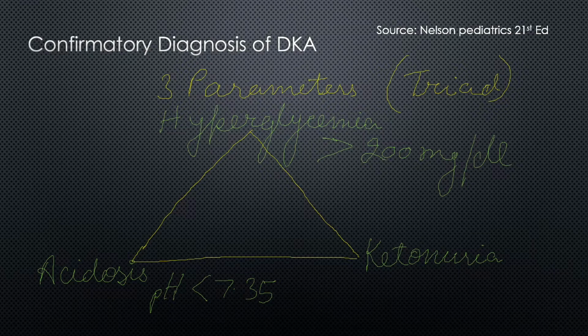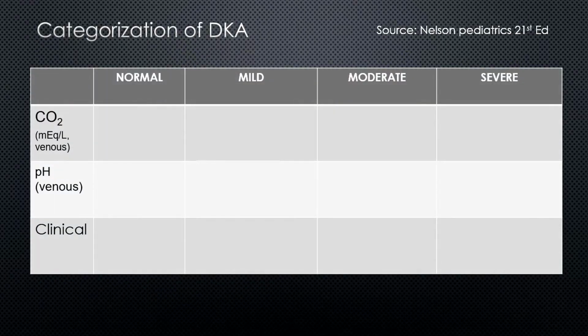So now we come to categorization of DKA. The DKA is categorized into mild, moderate and severe based on 3 parameters. They are venous carbon dioxide, pH and clinical. It is to note that the venous carbon dioxide we are talking about is the amount of bicarbonate, that is the major form of carbon dioxide in the blood.